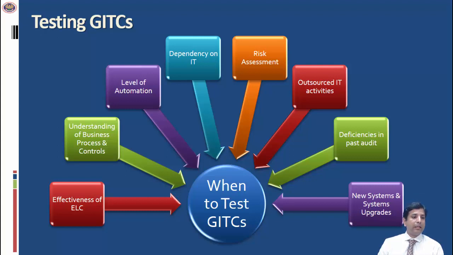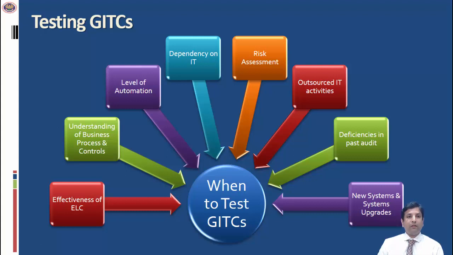Also, we should remember that in deciding the timing of ITGCs, the auditor should also factor in the possibility of having found new deficiencies during the current year. And there should be sufficient time for the management to remediate those deficiencies and be ready for retest during the same year. This would fall under the category of remediation testing for the auditors.